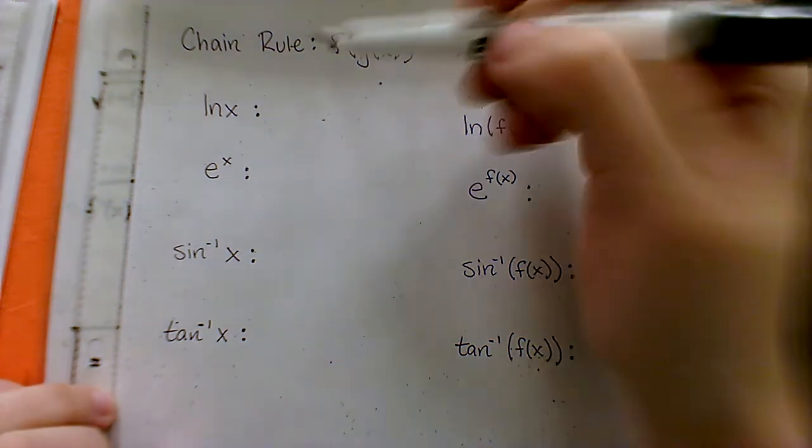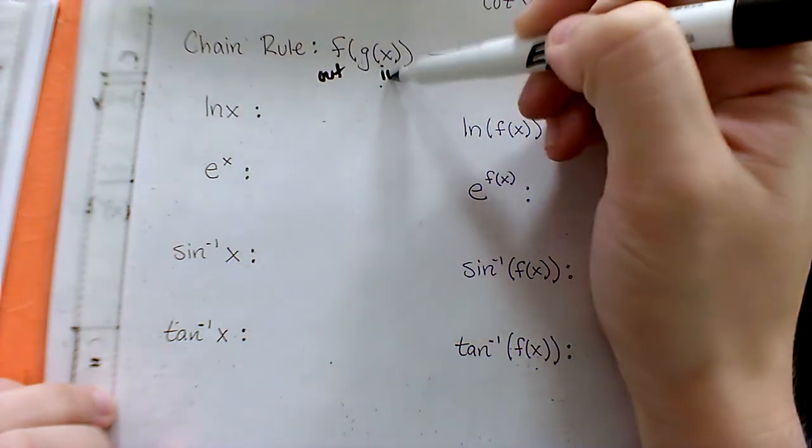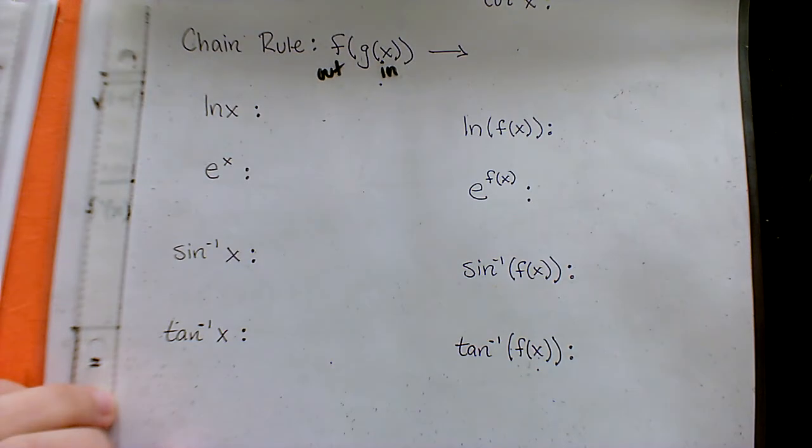So chain rule is normally where we have an outside function and an inside function. How can we find the derivative of those types of equations? How does our chain rule operate?